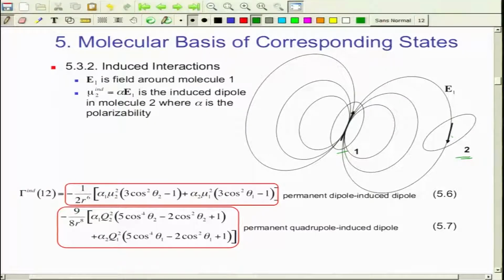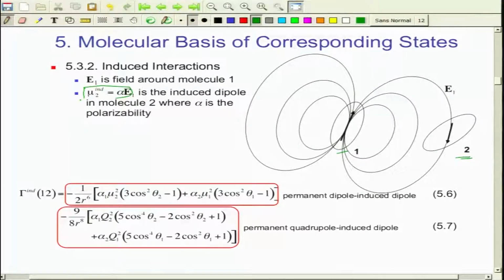The induced dipole is given by alpha multiplied by the electric field. Let me restate this here. Due to the permanent dipole here, there is an electric field around molecule 1, and due to that it induces a dipole moment in molecule 2, which is given by this expression.